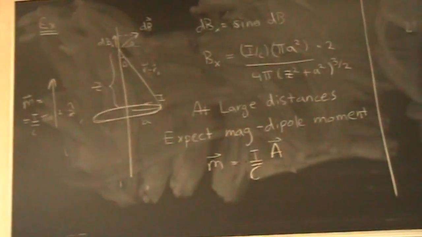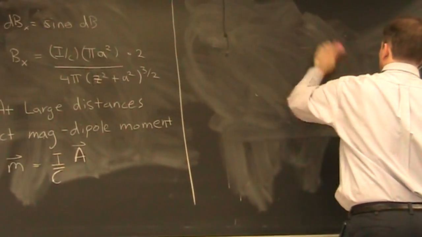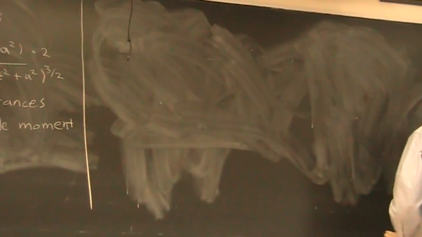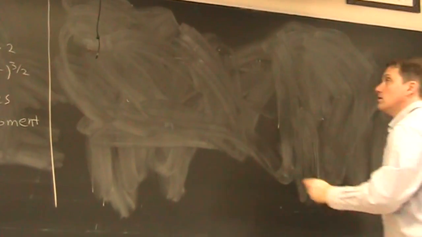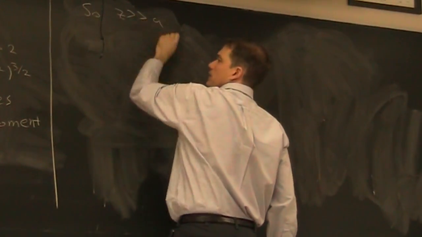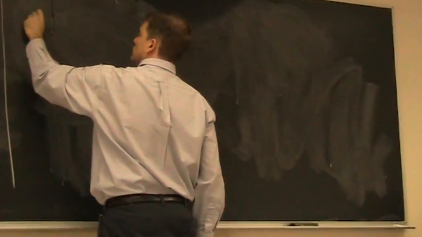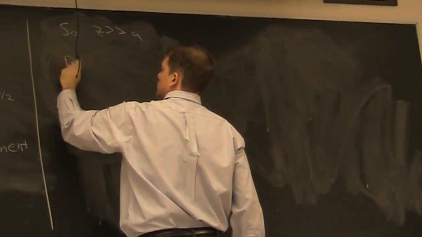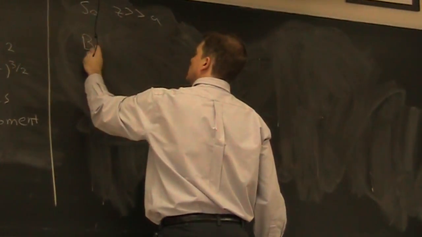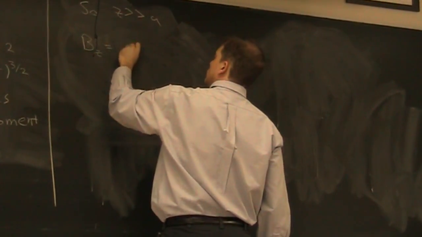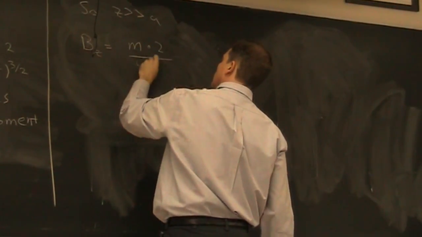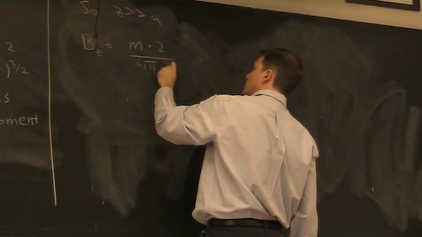So expand for z large. Then I get the typical form: B in the z direction is equal to 2 m over 4 pi z cubed.